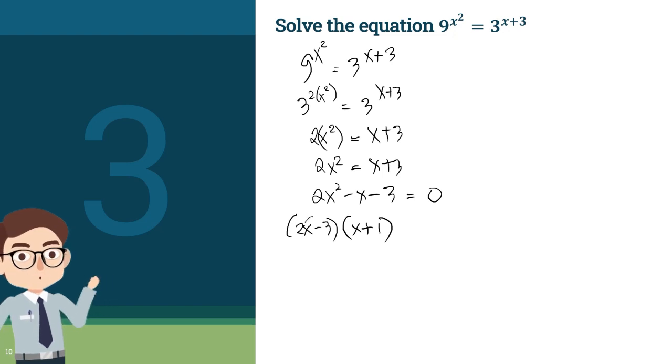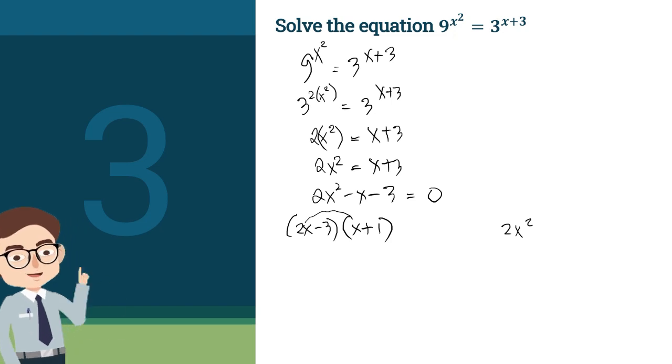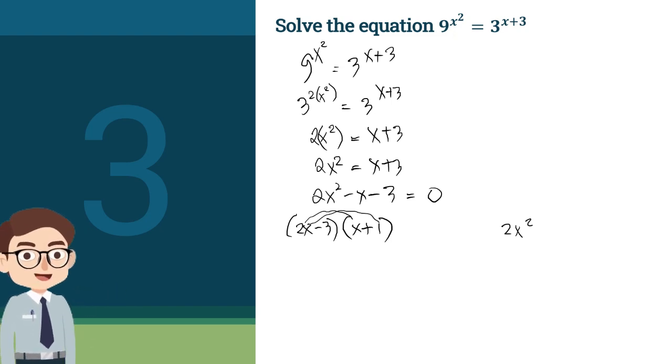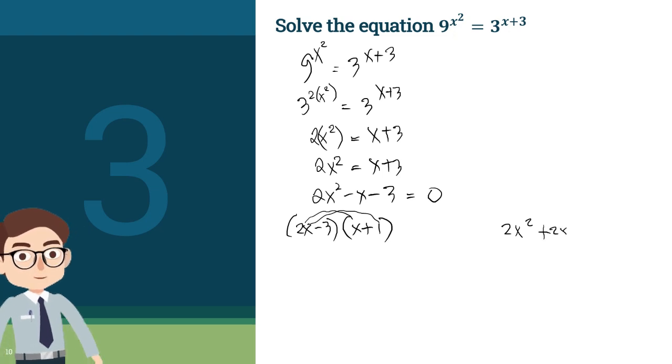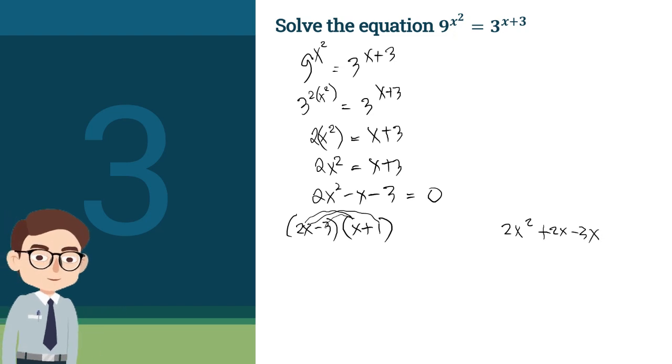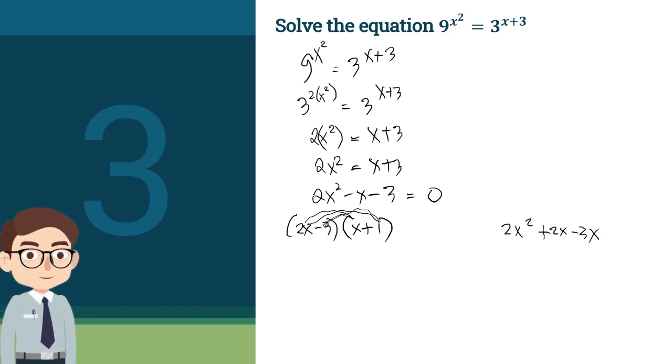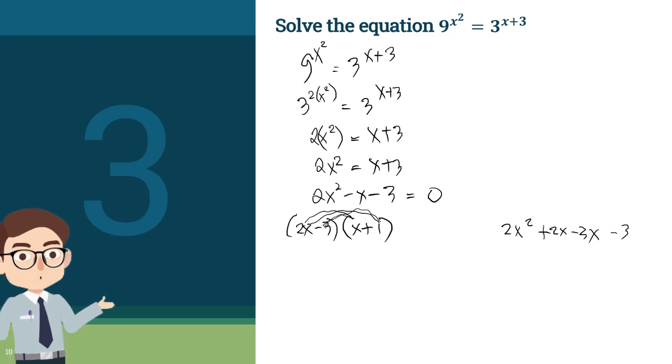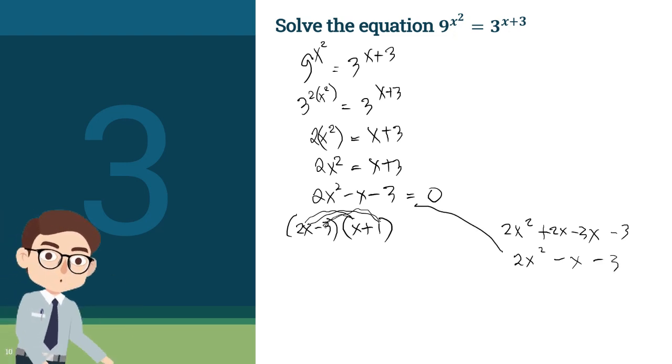To check, 2 multiplied to x is 2x squared. 2x multiplied to 1 is positive 2x. And then negative 3 multiplied to x is negative 3x. Negative 3 multiplied to 1 is negative 3. That is 2x squared minus x minus 3. And they are the same.